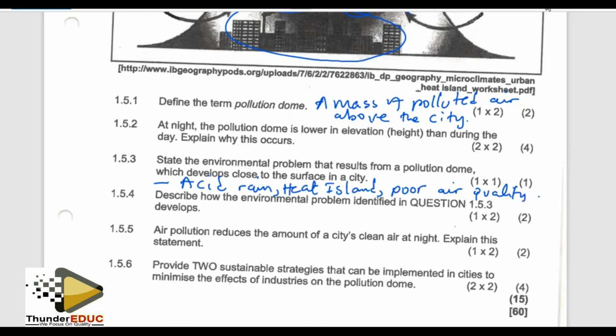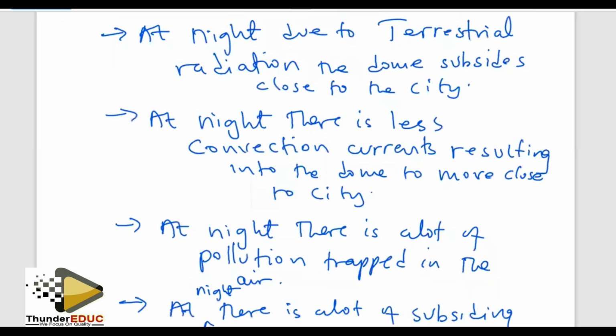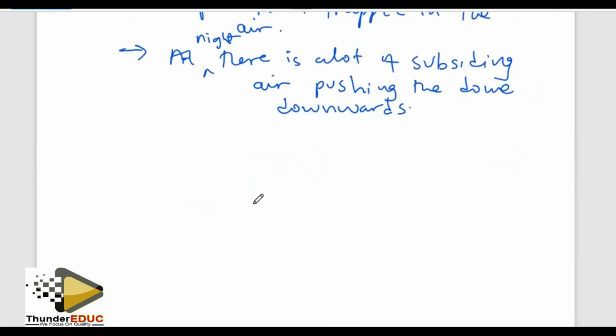1.5.4. Describe how the environmental problem identified in the above question develops. Let's use our blank page.